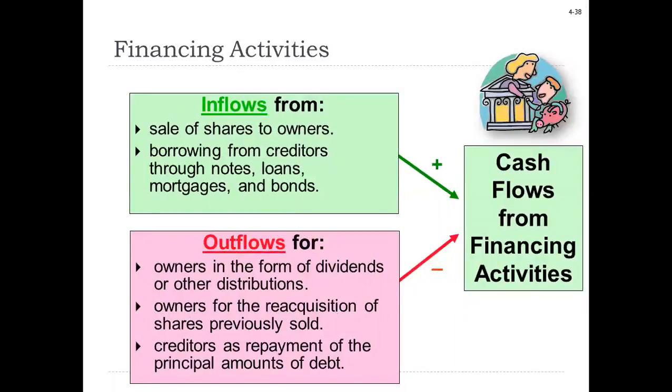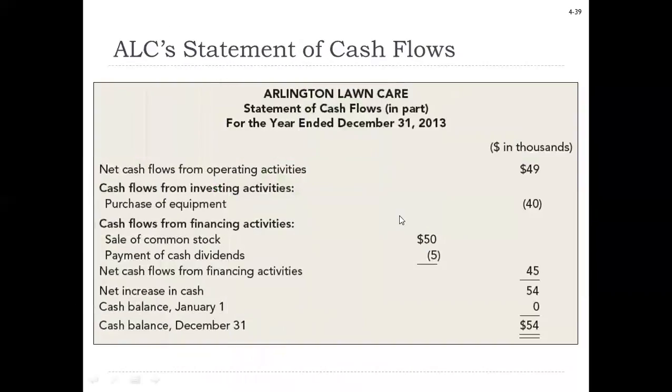Financing activities is the 3rd section of our statement of cash flows. These involve transactions related to long-term liabilities and stockholders' equity transactions. So if there's any cash involved in those kinds of transactions, those are called financing activities, and they're shown in that section of the statement of cash flows.